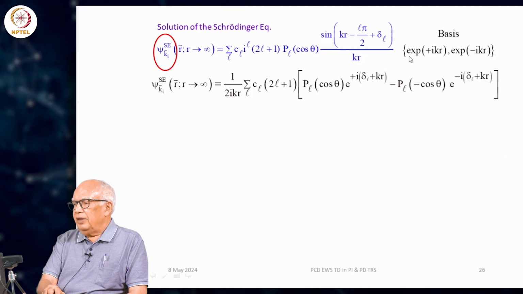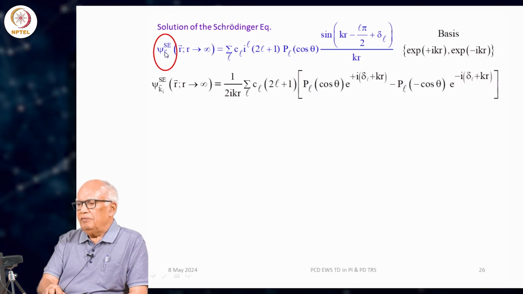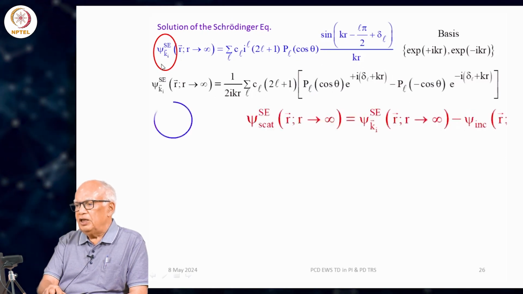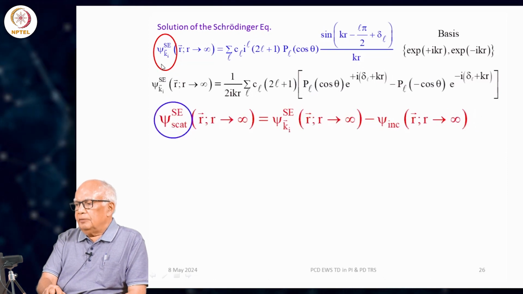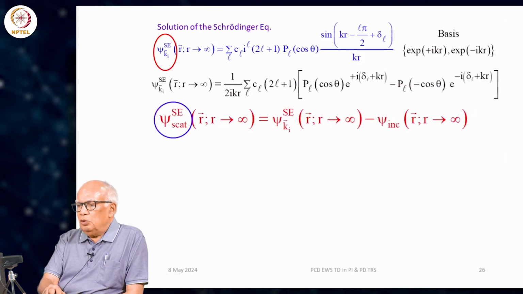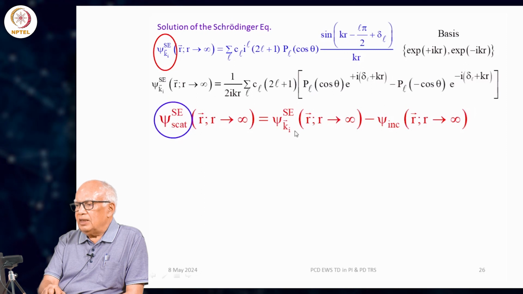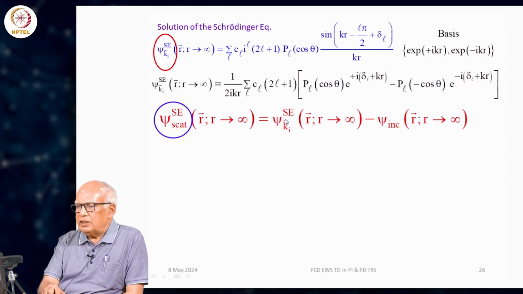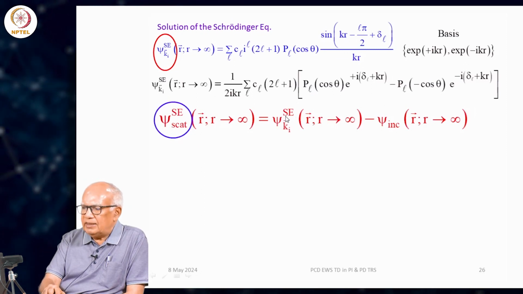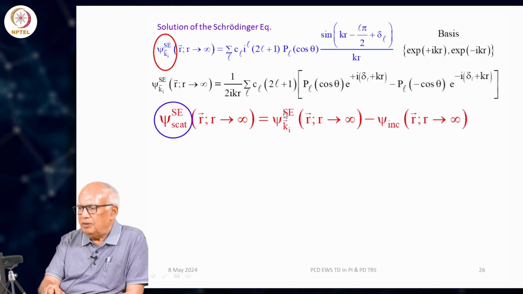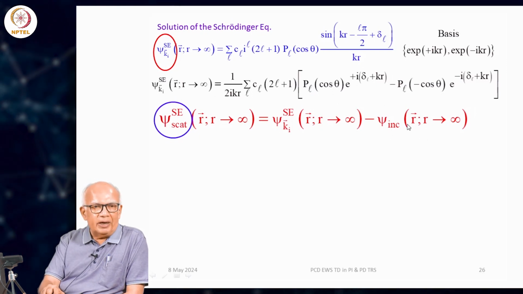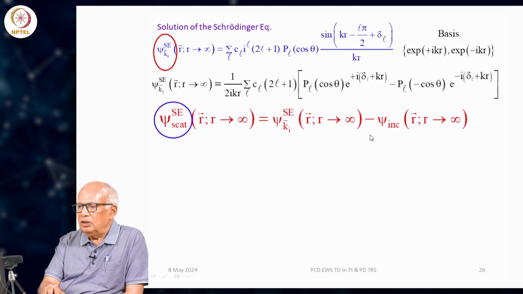So, you have this solution, which is the solution to the differential equation, and the scattered part is the complete solution, superscripted by SE, which stands for Schrodinger equation, minus the incident part, because the sum of these two gives you the total solution.